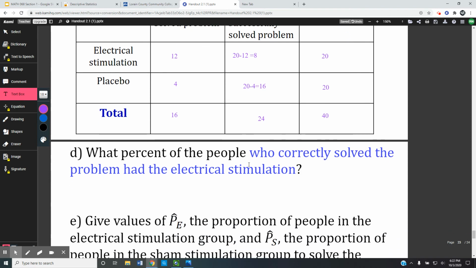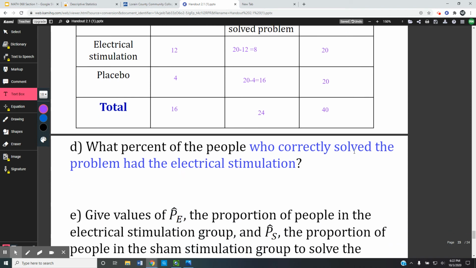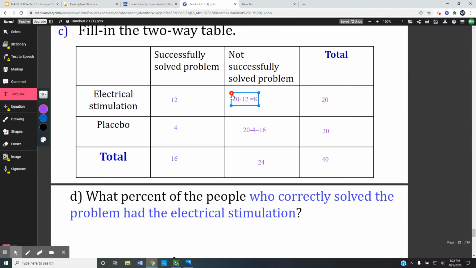Next question. What percentage of people who correctly solve the problem? Okay, so first of all, you look at those who correctly solved a problem, right here, successfully solved a problem, which is 16. How many of those had electrical stimulation? Okay, well, those had electrical stimulation, it was 12.